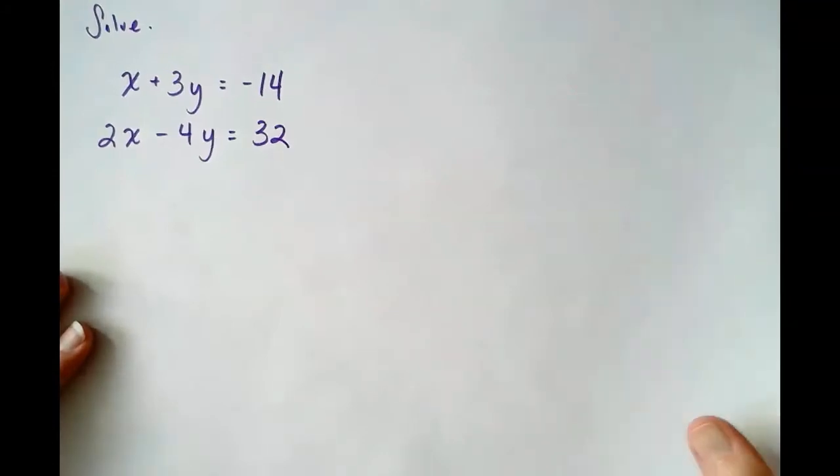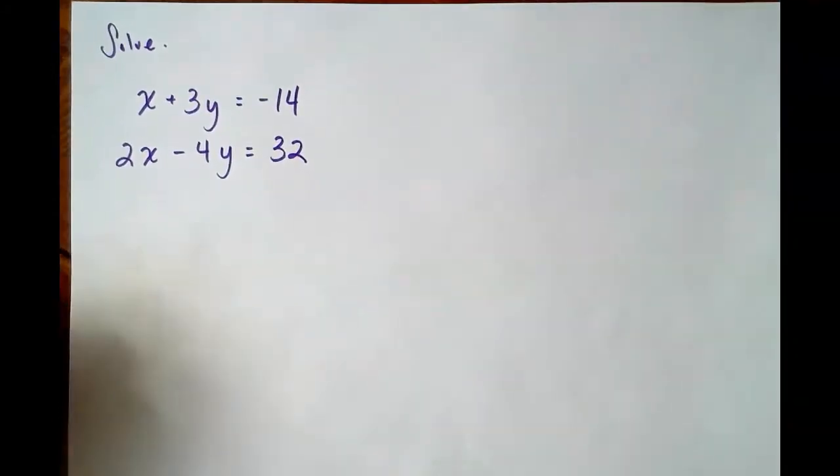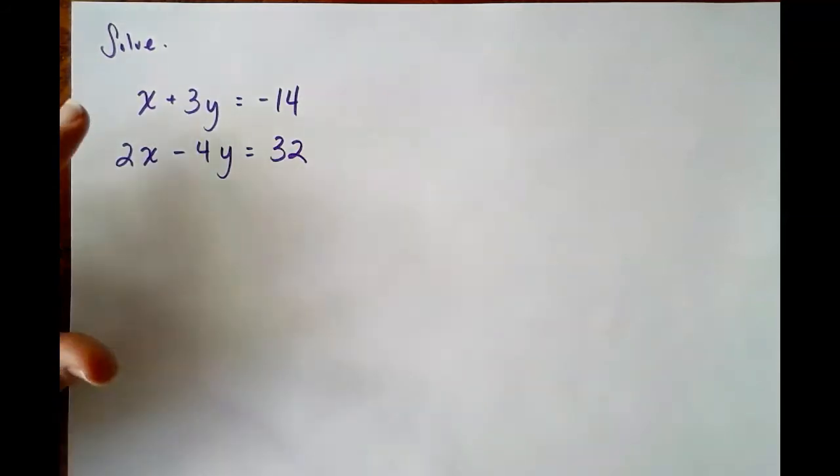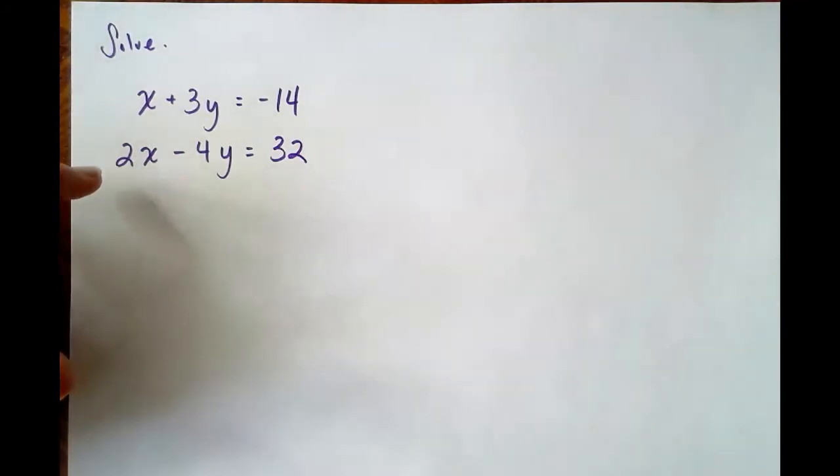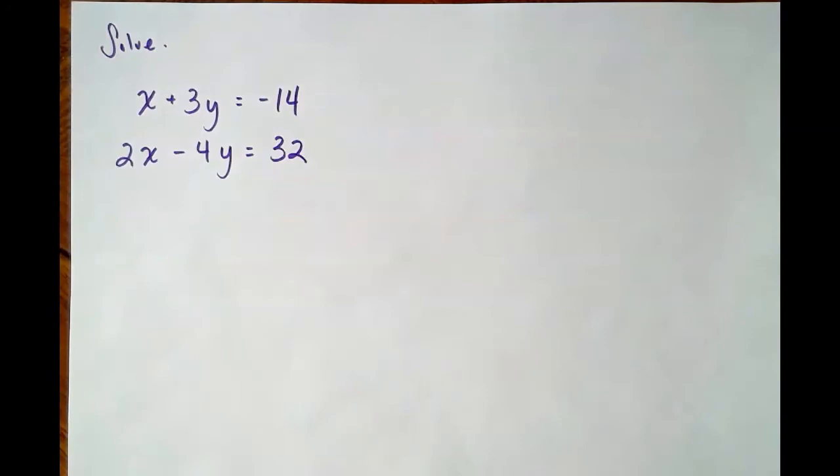Let's finish it off here with x plus 3y equals negative 14 and 2x minus 4y equals 32. This is another one where we don't have opposite coefficients on the x's or the y's, so we need to force that to happen. You can choose the x's or the y's, but in this particular problem, it appears that the x would be the quickest way to make something cancel.